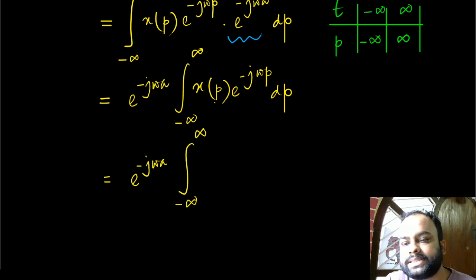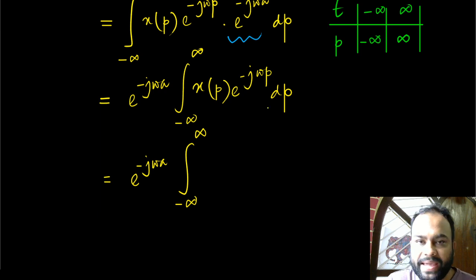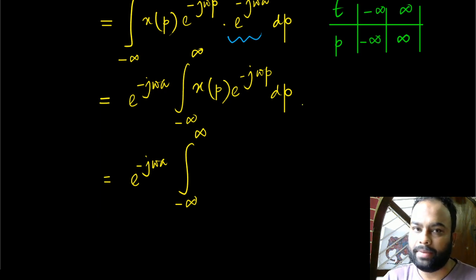But again, try to understand what p is. P is nothing but a name here, inside a definite integral. So, an improper definite integral, okay? In this improper definite integral, we have p as a name.